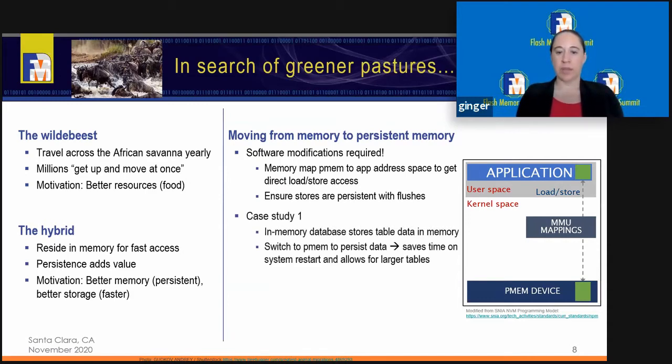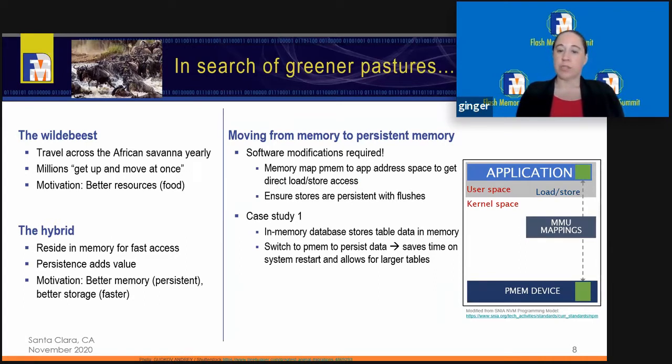So I mentioned that one of the keys to the hybrid is that you want fast access, but you also need persistence, or persistence has some sort of value. So there's an in-memory database that has, as part of its architecture, a large amount of table data stored in memory.